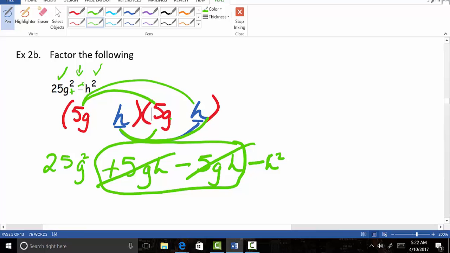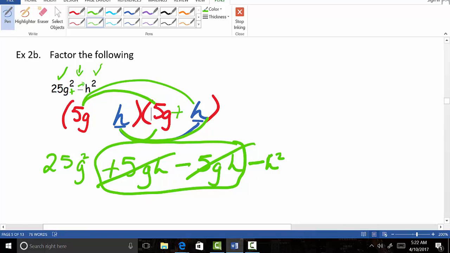So going back to our factored form, how could we get this 5gh right here to be positive 5gh? Well, if we look at 5g and multiply it by a positive h, we end up with that positive 5gh.